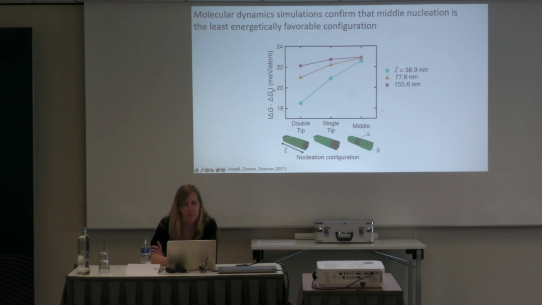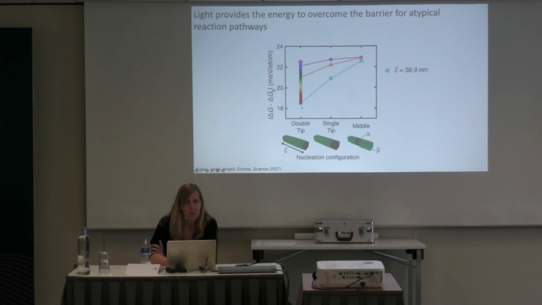When your palladium nanorod gets longer, middle nucleation is a little less energetically unfavorable, but generally the hydrogen would always want to leave from the tips. But with the light, we have enough energy to overcome the barrier for these more atypical reaction pathways.